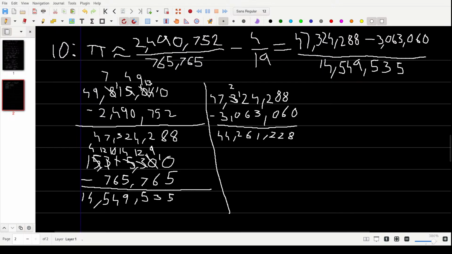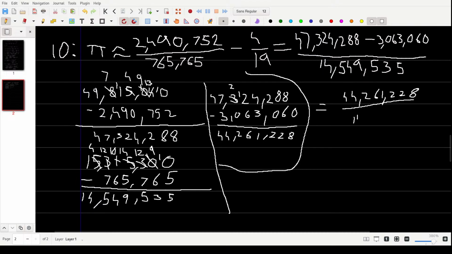Bam. Let's go. I'm gonna section this off, and then how am I gonna do this? 442612228 over 14,549,535, and then what's the decimal roughly?